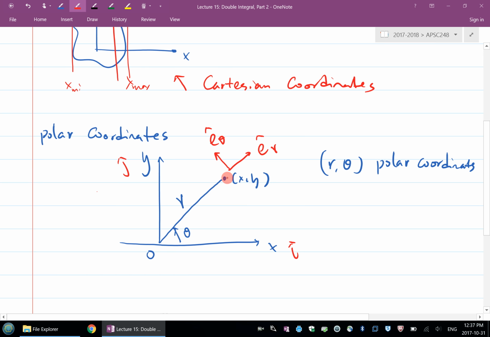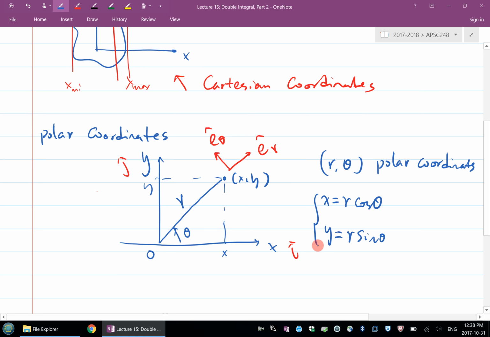But you can easily create a connection between the polar r and theta and the Cartesian coordinates x and y here. So if this is x and this is y, apparently your x equals r times cosine theta, and your y equals r times sine theta.